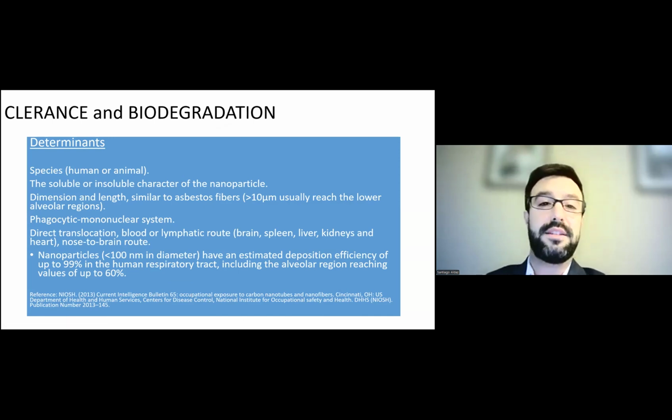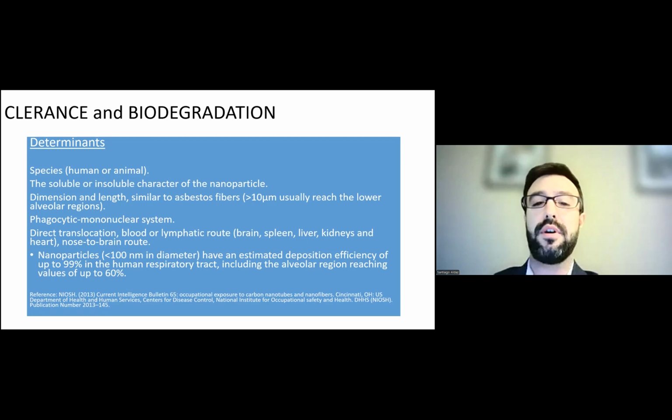So it has some determinants: the species, for instance, whether it is a human or an animal; the soluble or insoluble character of the nanoparticle; the dimension and length, which is similar to asbestos fibers, so they can reach the lower alveolar regions easily; the interaction with the phagocytic mononuclear system; and the property of direct translocation, by blood or lymphatic route, they can access organs such as the brain, spleen, liver, kidneys, and heart; and the recognized nose-to-brain route or pathway that we'll be talking about later on.